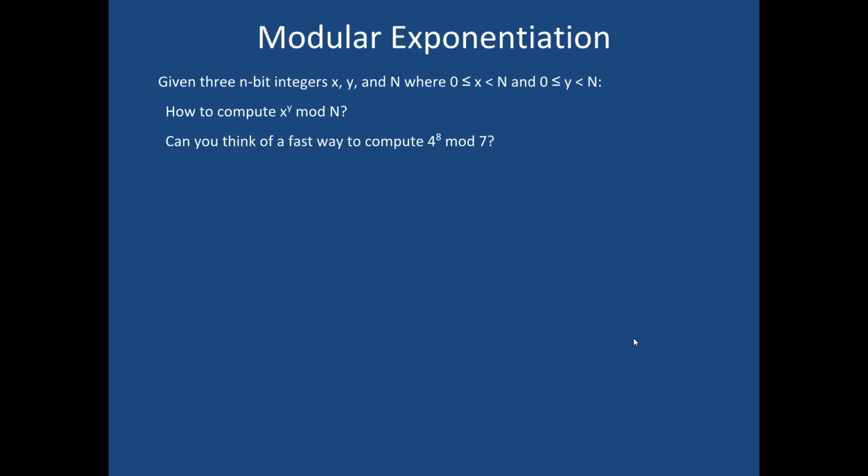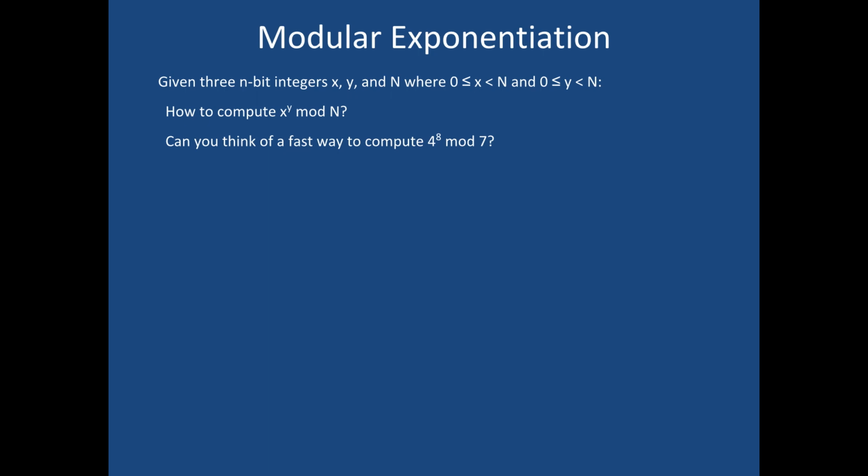Can you think of a way to compute 4 to the 8th mod 7 without doing 7 multiplications? Can you figure out what the mod would be for each even and odd power, and then maybe figure out, if you multiply it so many times, what the remainder would be? We might think about doing that, but for this particular problem there's a very direct approach I have in mind.